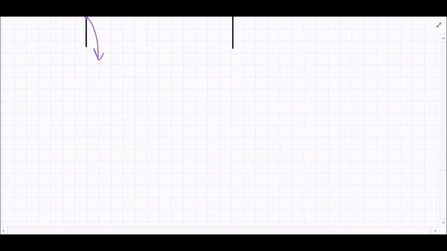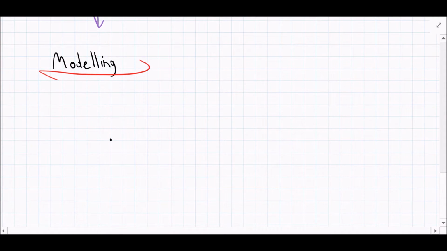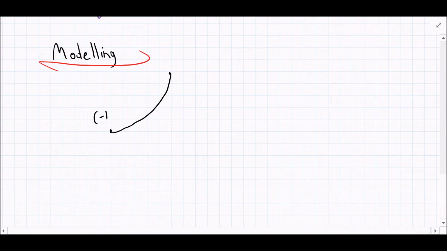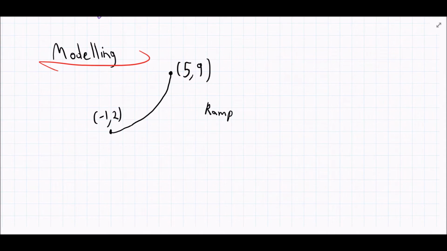Alright, the next thing we're going to look at, just like we did with the parabola and the cubic, is modeling. So, given 2 points, let's say negative 1, 2, and on this side we'll go 5, 9. Now, just like the parabola and the cubic, I look at this and it looks like a ramp to me. So, if it looks like a ramp, do you remember which one we said the reference point was?